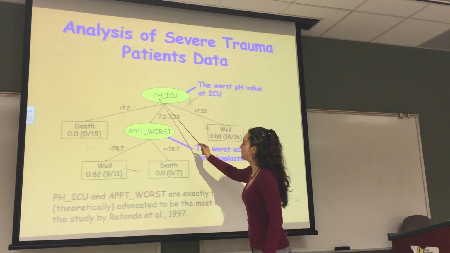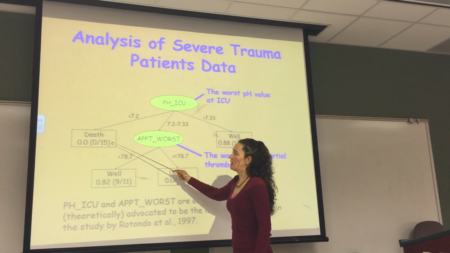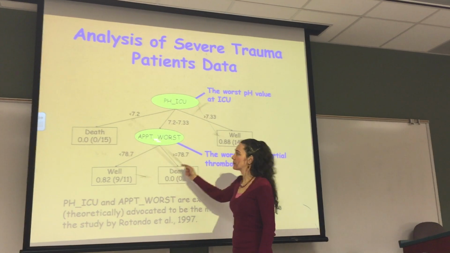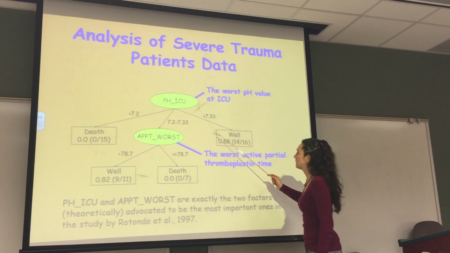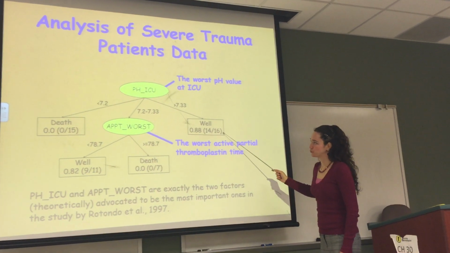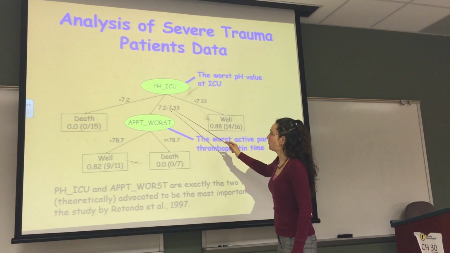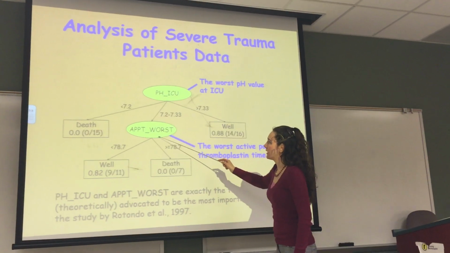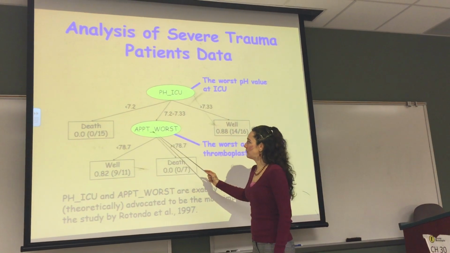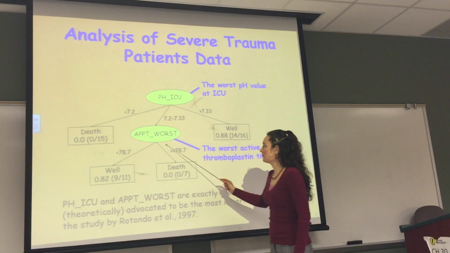So here it says if the value of this attribute is less than 7.2, then the patient will die. If it's more than 7.3, they will get well. If it's between 7.2 and 7.3, then we have to check the value of this attribute. If APPT worst is less than 78, the patient will be well.